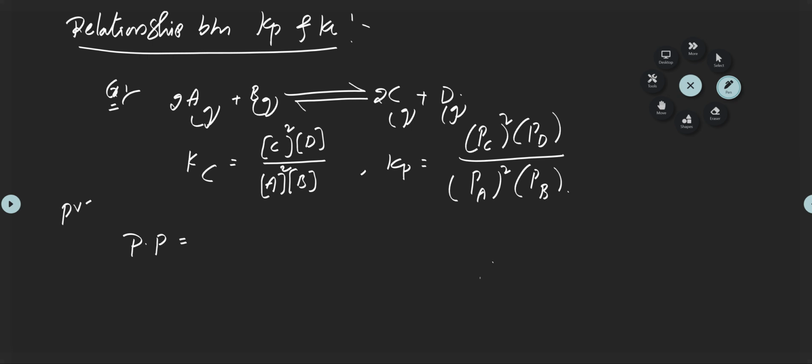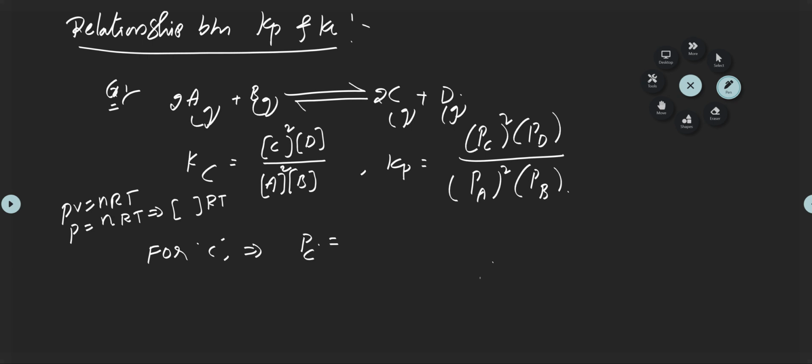From PV is equal to nRT, then P is equal to n by V into RT. We can write n by V as concentration, and RT. So for C, partial pressure of C is equal to concentration of C into RT.